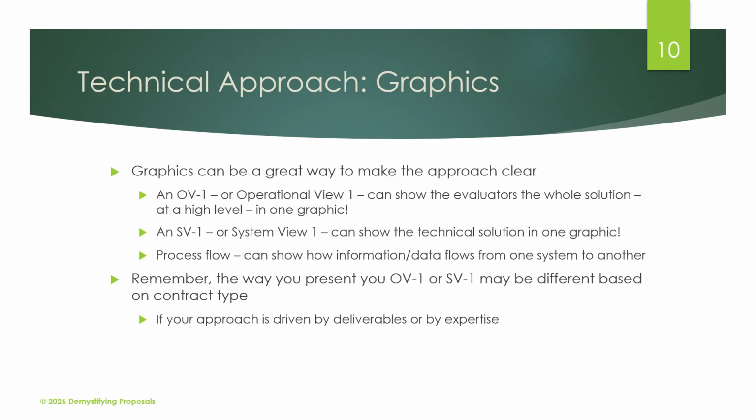Process flows can also be used to show how information or data flows from one system to another. Remember, the way you present your OV1 or your SV1 may be different based on the contract type. If your approach is still driven by deliverables, that may look different than if your approach is driven by expertise.